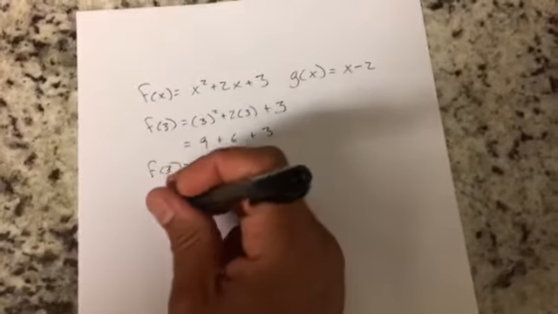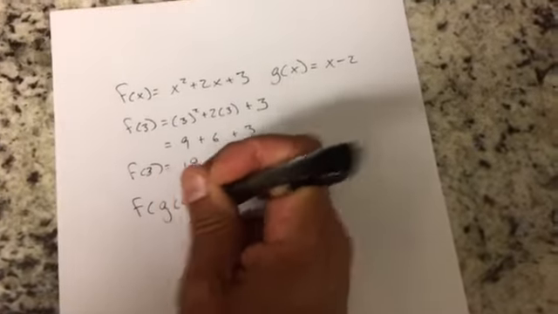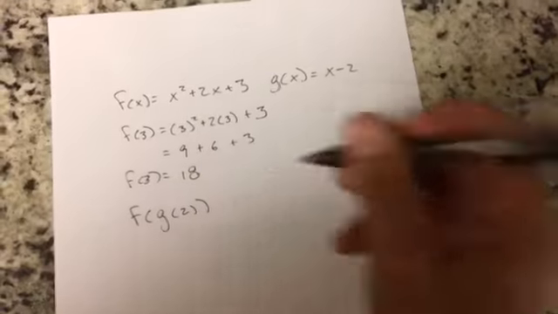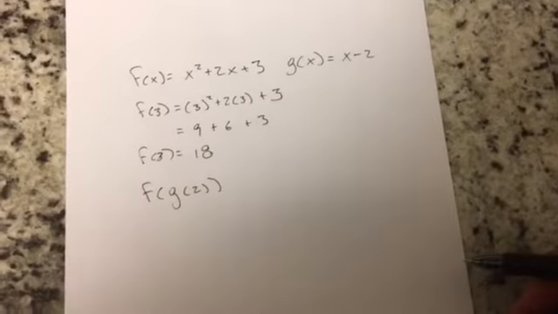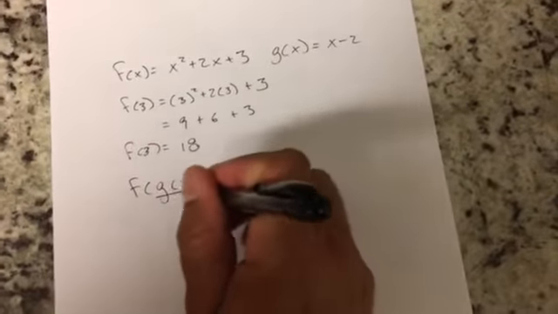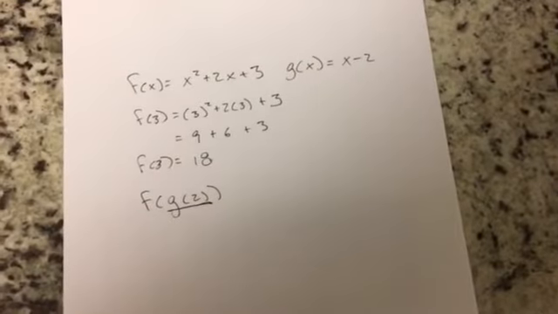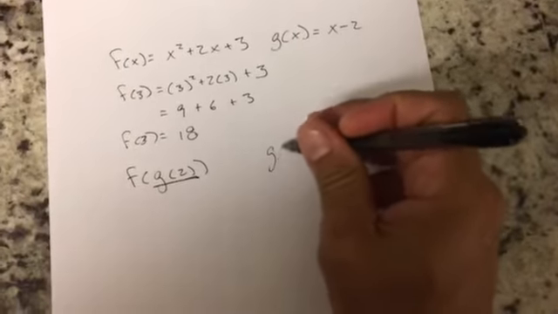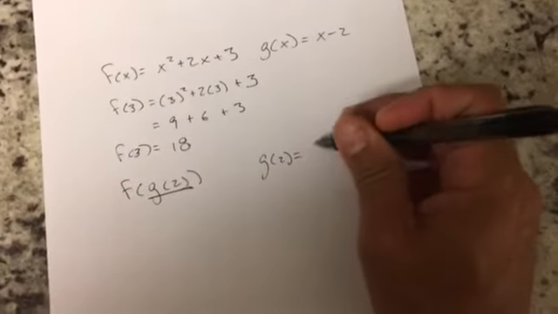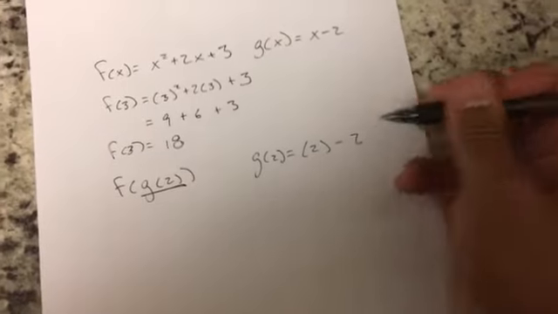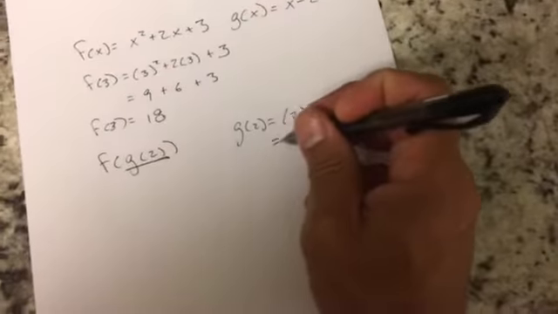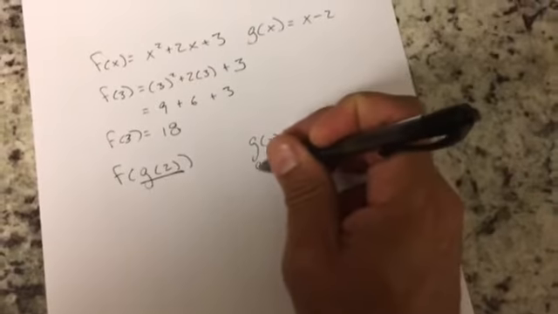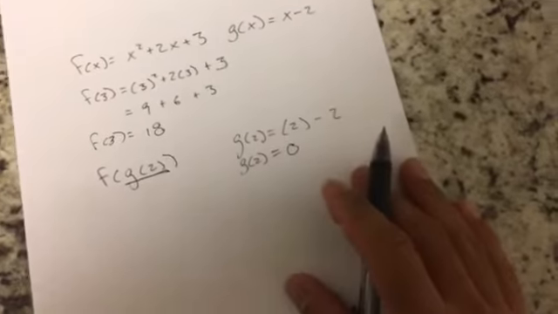And it'll tell us to find f of g of 2. When it's telling me to find something like that, I start on the inside. I find g of 2, which I'm going to do g of 2 equals, and I replace the x with 2. So g of 2 equals 0.